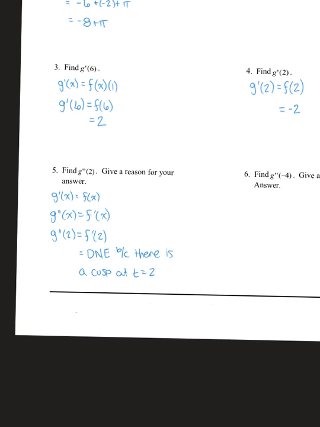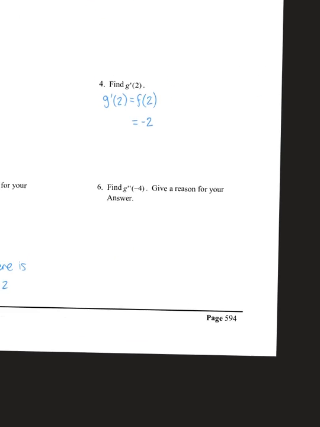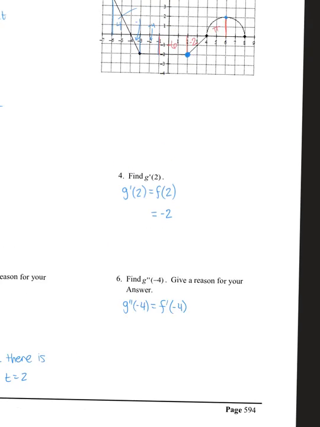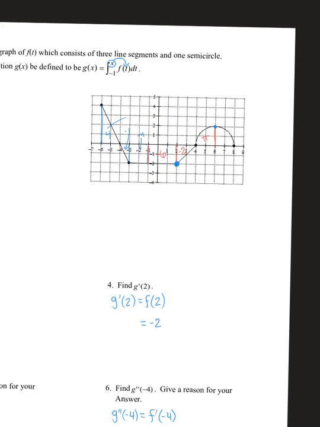Number 6, find g double prime of -4. So g double prime is f prime, so we're looking at f prime of -4. Up here at -4, what's the slope of that line?